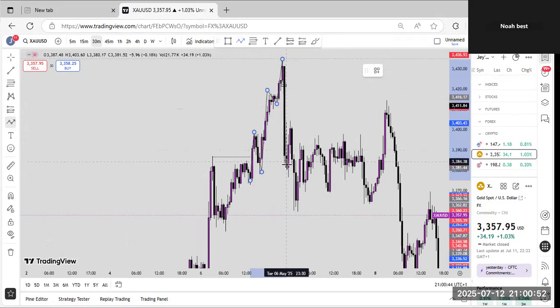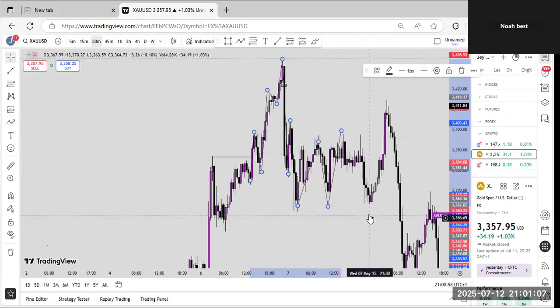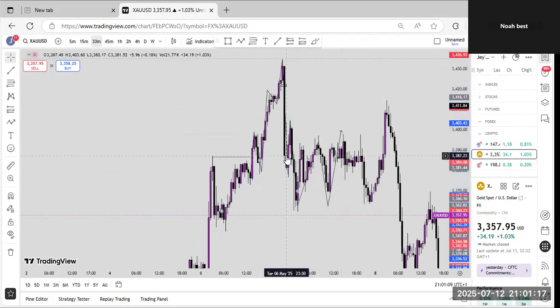When price broke this last low, it then pulled back to this particular place, then dropped again. Then it ranged at this particular place for some time, then came back to a point of interest here and mitigated, then dropped.